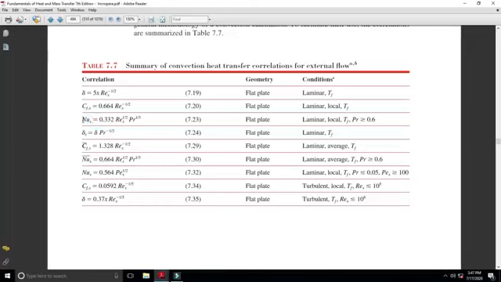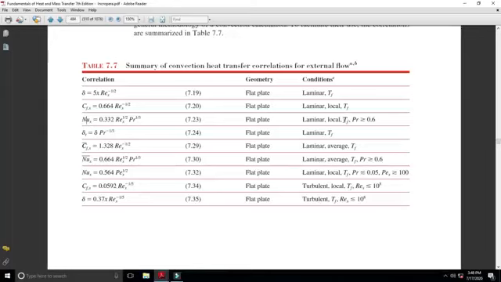So the Nusselt number expression is 0.332 Reynolds to the half, Prandtl to the 1/3, which is 7-23 of this particular book, which would be applicable when we are considering the flow over a flat plate and the flow is laminar. This is the expression for local Nusselt number because it says Nu_x, so we have x in the suffix of Nusselt number.